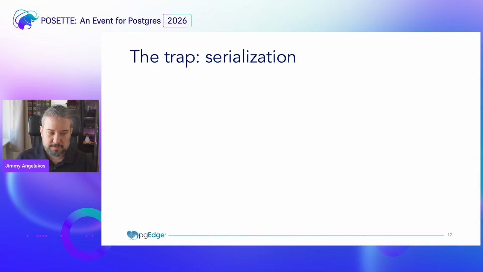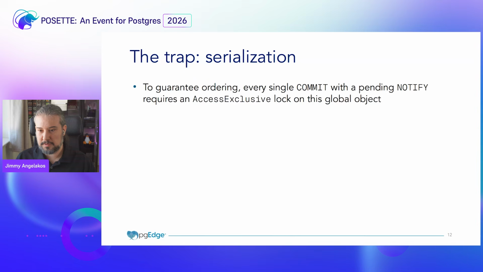So this is where the trap was, and the trap is serialization. What do we mean? So to guarantee the ordering of these notifications, every single commit that had a notify call pending required to obtain an access exclusive lock on this global object. And what is another way to say guaranteeing the order of something?